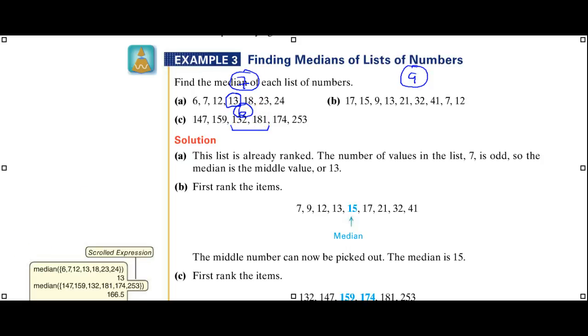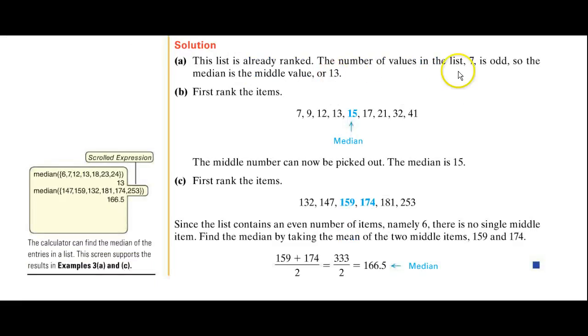And we see the work listed here too. So once reviewed, in letter A, the list is odd, so it's the middle value. In letter B, we put them in a rated sequence, the lowest to the highest, and since it's odd, the middle one is the median.